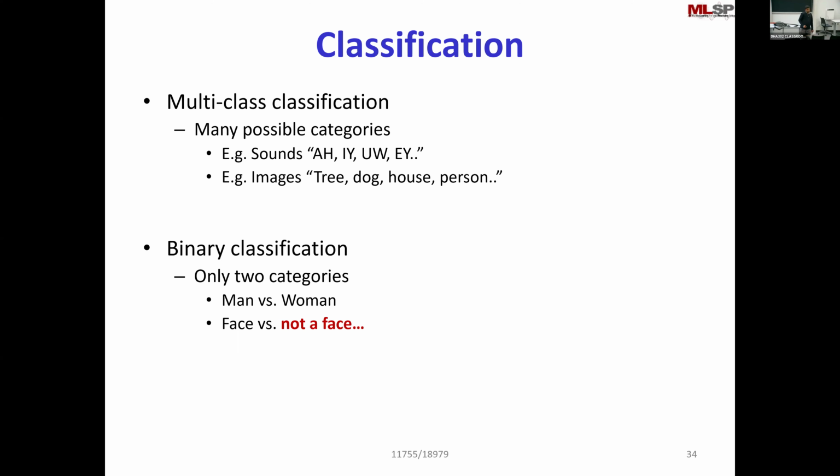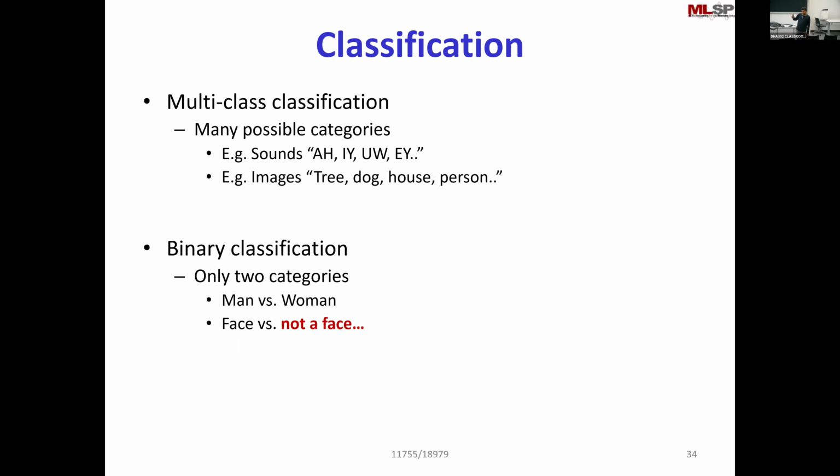If the number of classes is just down to 2, then you have binary classification. So here, man or woman, that's a binary classification. If I tell you that's only one of these 2. Or is this a face or is it not a face? That's also binary classification. But then there's something special about the second category of binary classification.